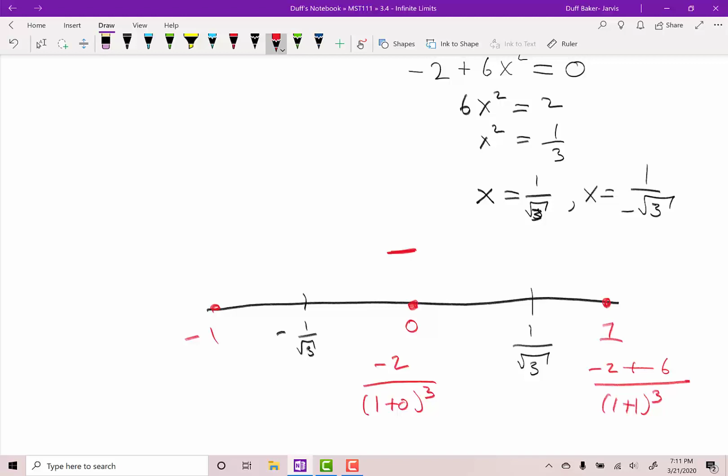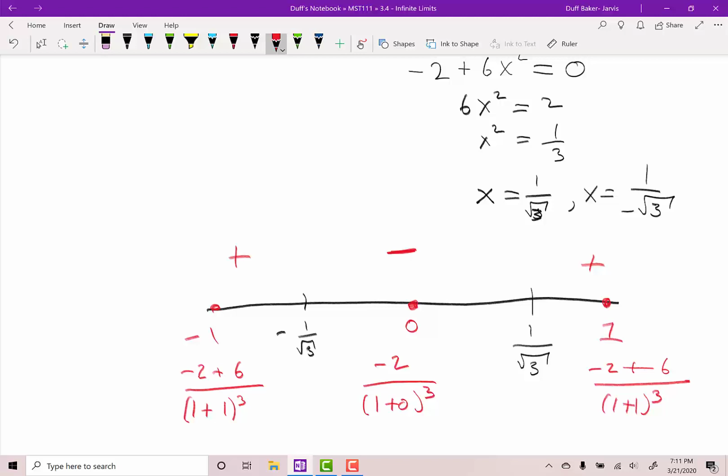And you'll see that this is a positive number. Over here you would get minus 2 plus 6 over 1 plus 1 cubed again.